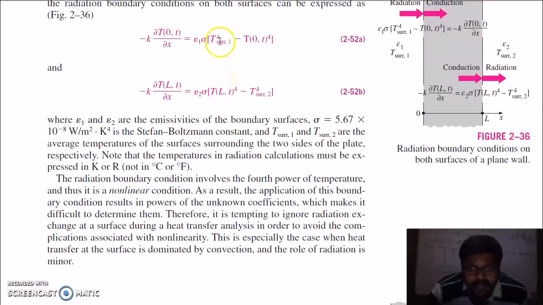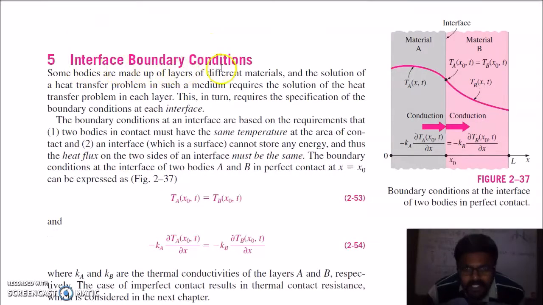You can see the radiation boundary condition involves the fourth power of temperature and thus it is a non-linear condition. So it is better to avoid such kinds of boundary conditions. Interface boundary condition.